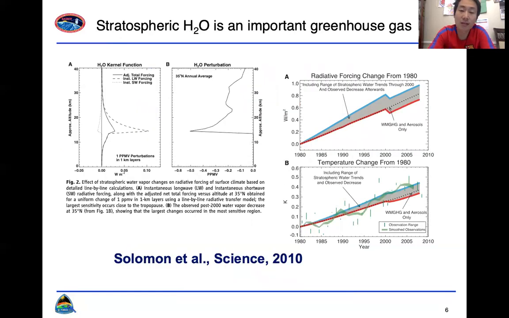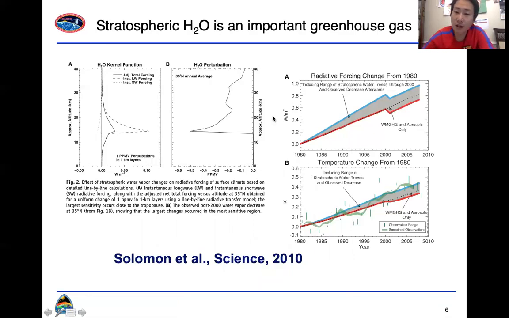So this slide starts to give the motivation why we need to study the long-term changes of stratospheric water vapor. First of all, the Solomon Science paper in 2010 shows that the stratospheric water vapor is a very important greenhouse gas in the lower stratosphere.